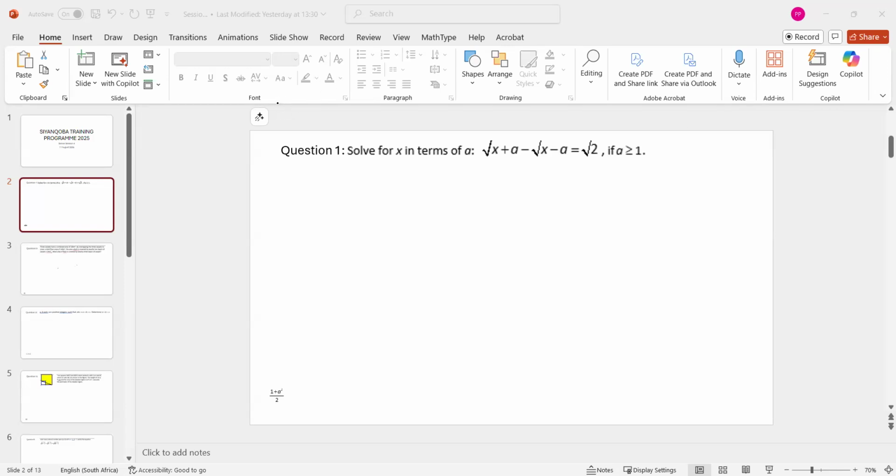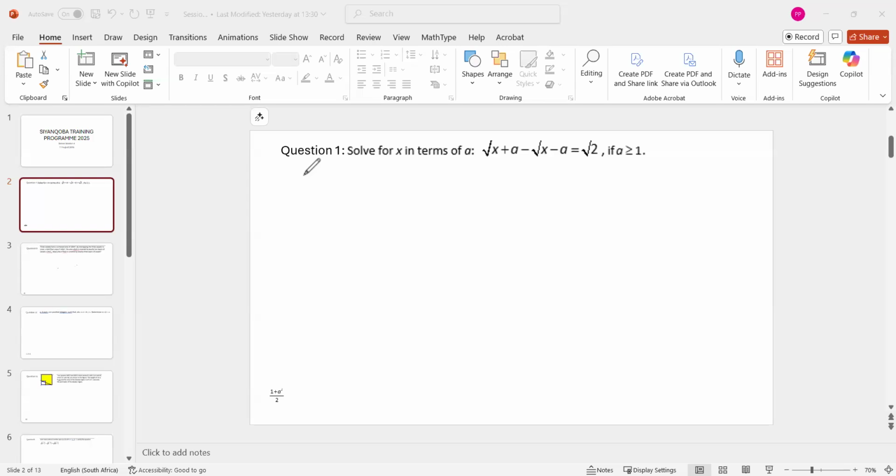Okay, the very first question is to solve for x in a problem which has got square roots in it. Now, the usual method to do this is to try to square in some way so that you have the square root on one side and a number on the other side. But here you got two square roots. So the best thing to do is to square on both sides.